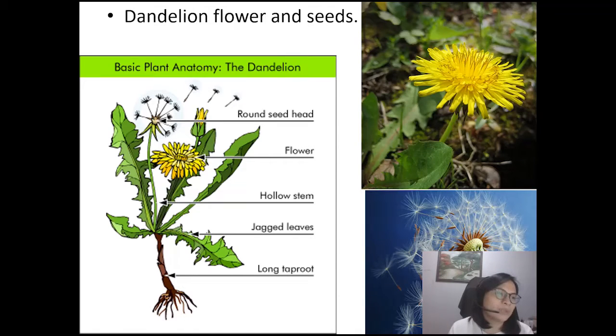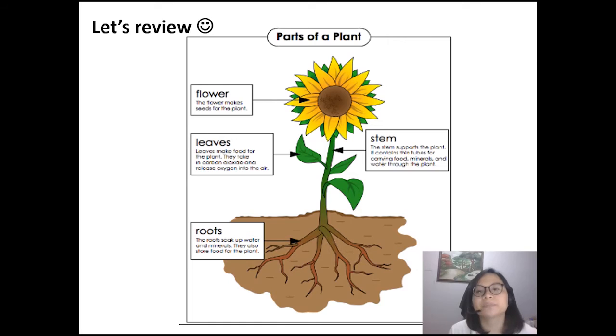And then we also have the leaf, which is in charge of creating the food for the plant through the process called photosynthesis. And then lastly, we have the root that allows the plant to stand and also gets the nutrients from the soil.